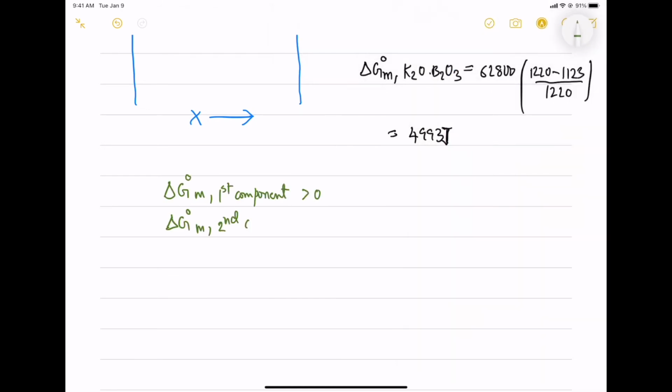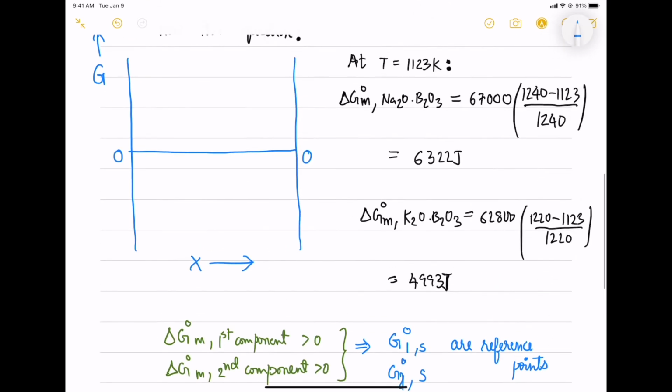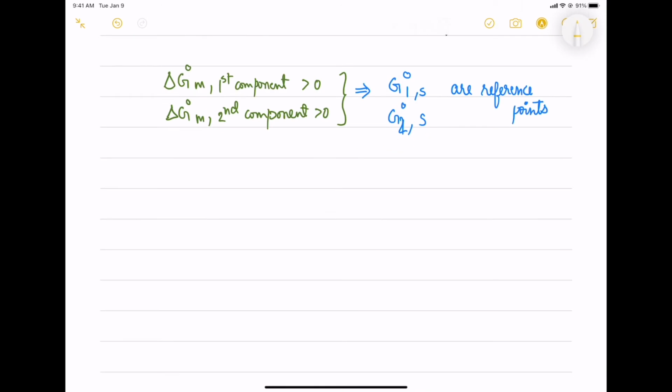For both, the delta G of melting is greater than 0. Melting means going from solid to liquid state, so the reference points are both solids. So the 0 and 0 are for the first component and second component solids, and the upper points would be both liquids.